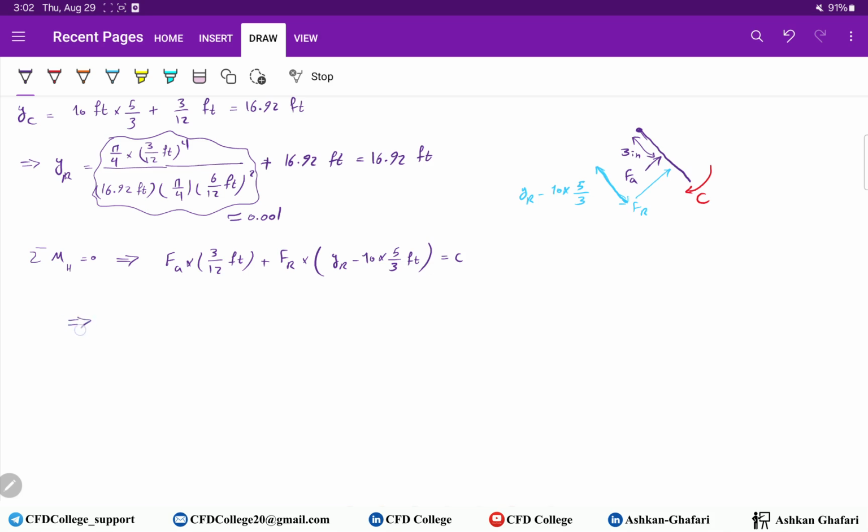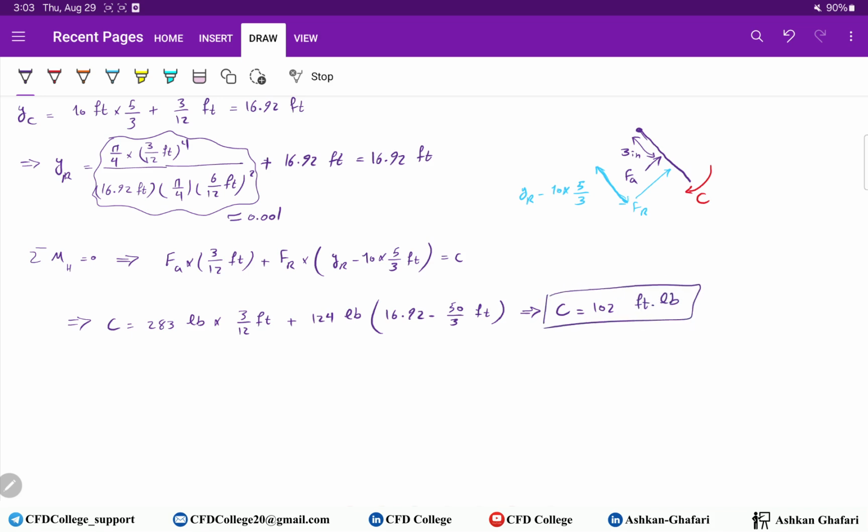And I think you can do this yourself. C equals 283 pounds times 3 over 12 feet plus 124 pounds times 16.92 minus 50 over 3 feet. So C is equal to 102 feet pounds.